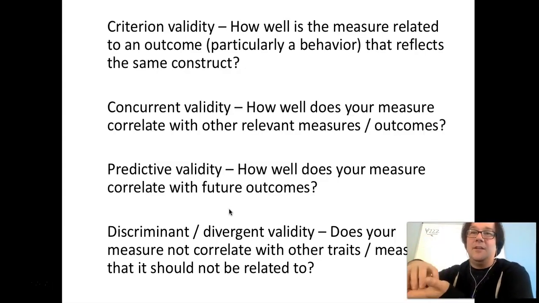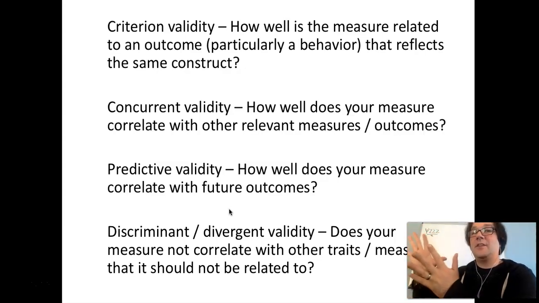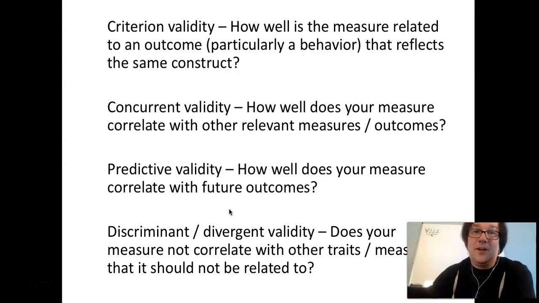If I threw in an anxiety scale, we know depression and anxiety tend to go together, tend to be pretty correlated. So if you score high on my depression scale and you score high on my anxiety scale, I'm going to say my scale has concurrent validity, right? You're scoring high on this scale and scoring high on a scale that I would expect you to score high on.